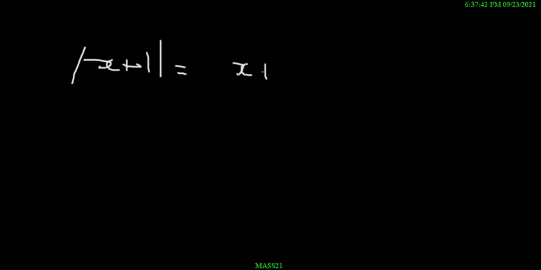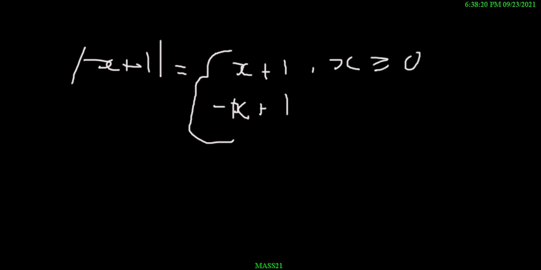It's going to be x plus 1 when x is greater than or equal to 0, and minus (x plus 1) when x is less than 0. So this one is in brackets like this.